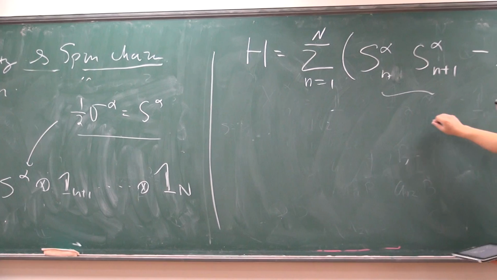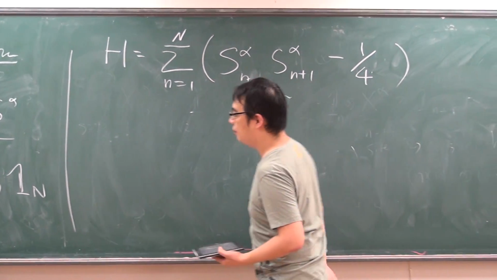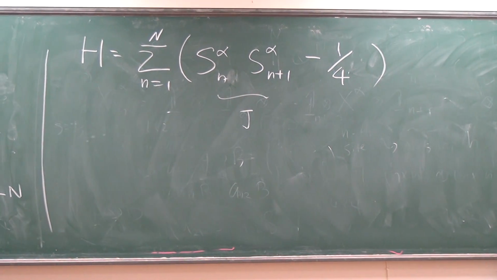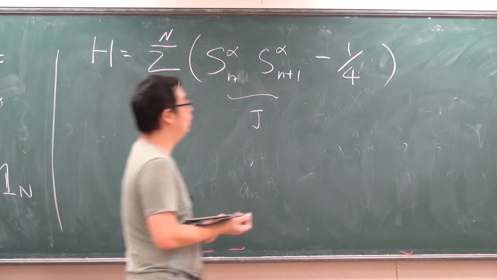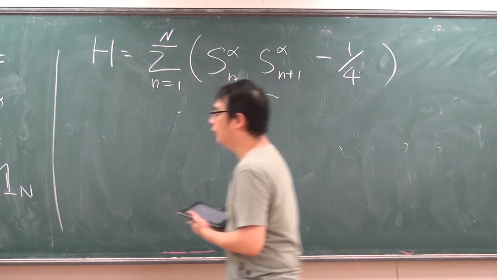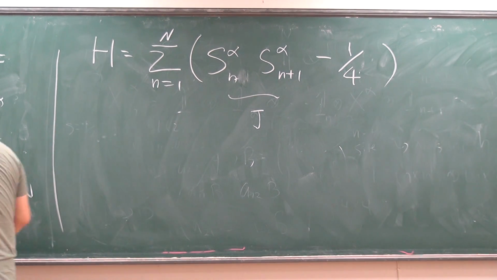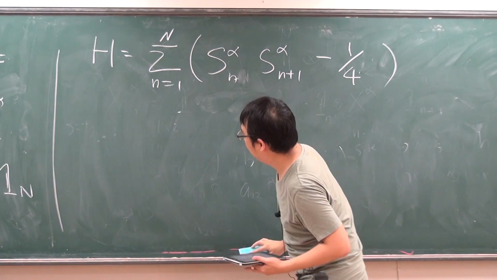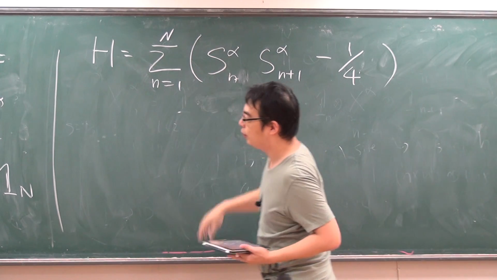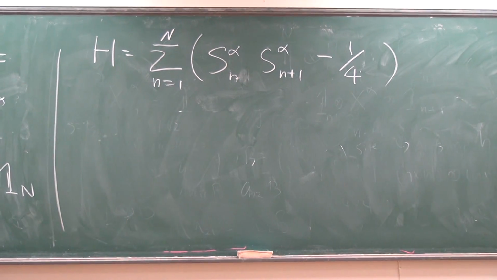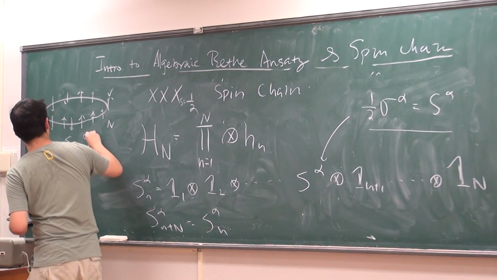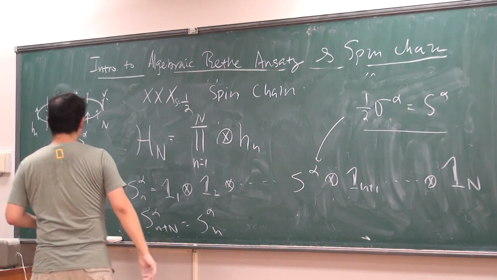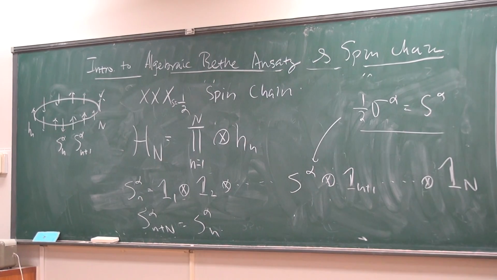I think Yongquan was labeling those by J's yesterday, but that's fine. What it actually does becomes more obvious when I write it in a different way. Right now, you are basically just looking at two neighboring spins. Basically, only the neighboring spins talk to each other.